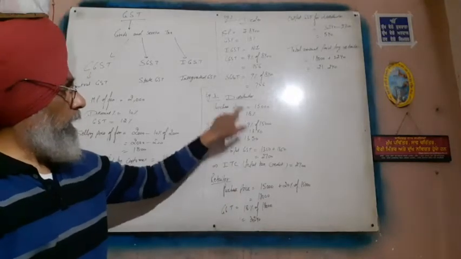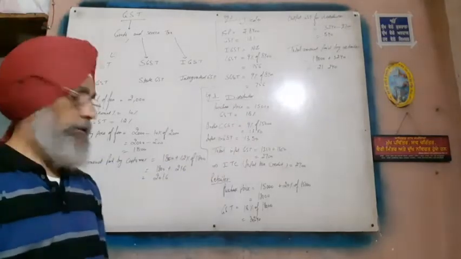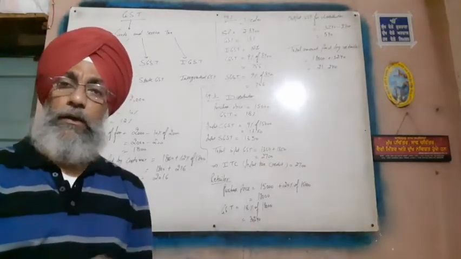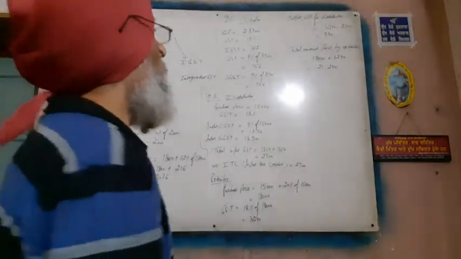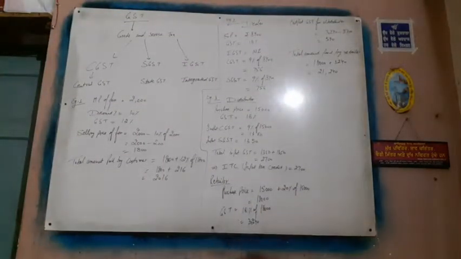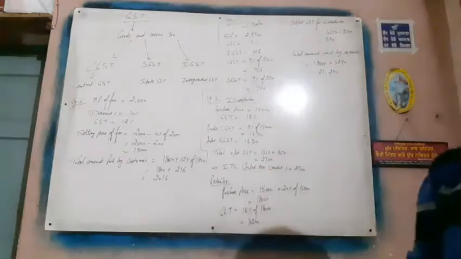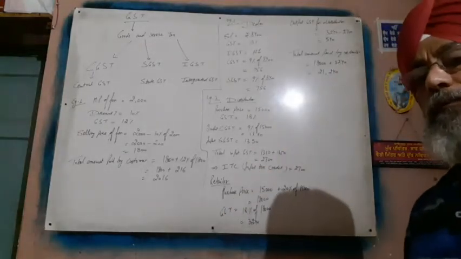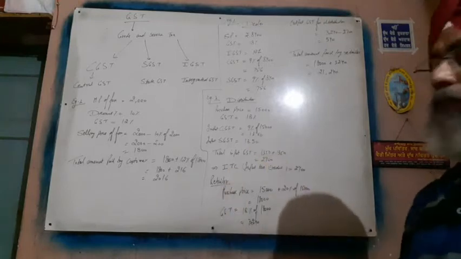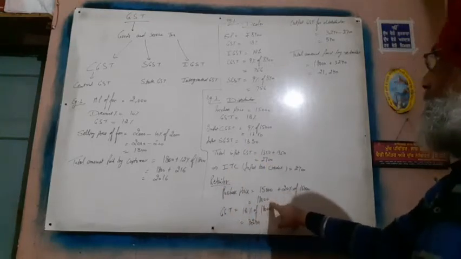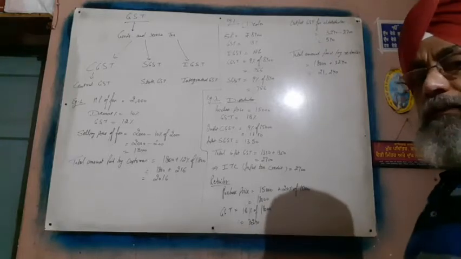Now the distributor has already paid 2,700 and he has received 3,240 as GST from the retailer. So the output GST for the distributor, meaning the remaining amount that the distributor has to pay, is 3,240 minus 2,700, that is 540. That's the output GST for the distributor.